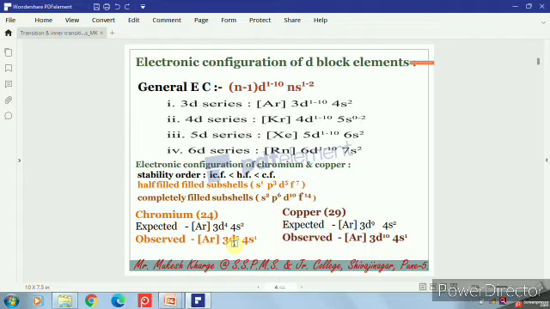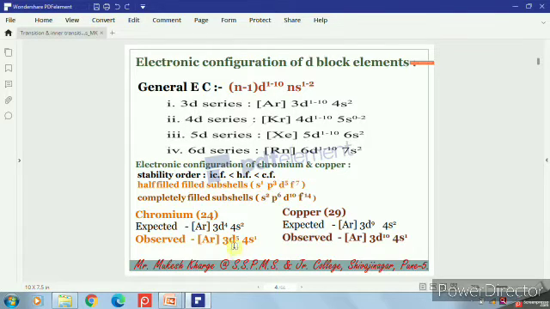So there is a stability order. Incompletely filled atomic orbitals are less stable than half filled atomic orbitals. Half filled atomic orbitals are less stable than completely filled atomic orbitals. So the most stable are completely filled, then half filled, and then incompletely filled.